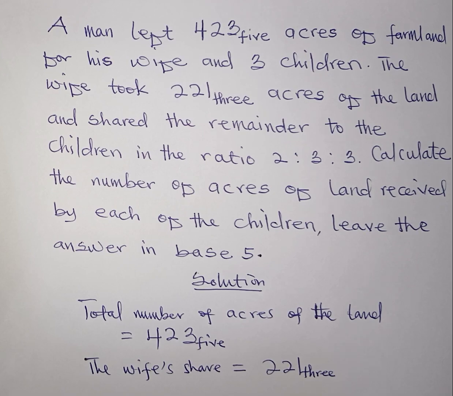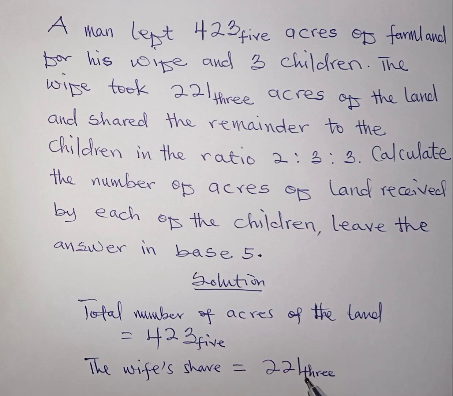Okay, but we need to know the remainder before we can share, because the question says she shared the rest to the 3 children in that given ratio.